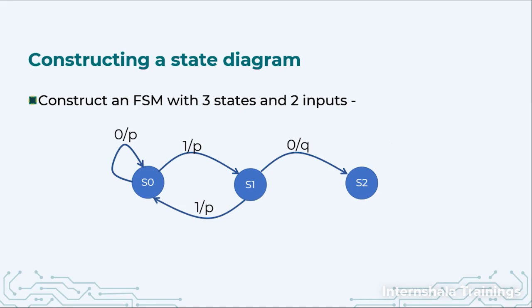In S2, when the input is 0, the output is Q and the next state is S2. And when the input is 1, the output is P and the next state is S0. So this is how we have defined all possible cases for all the states, and we can interpret this finite state machine using this simple state diagram.